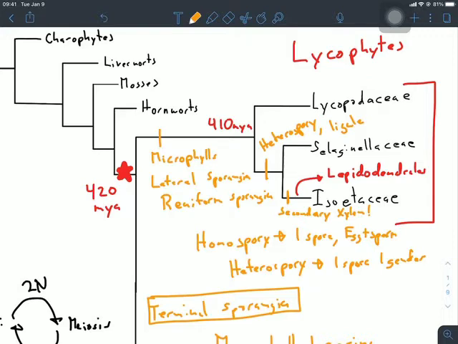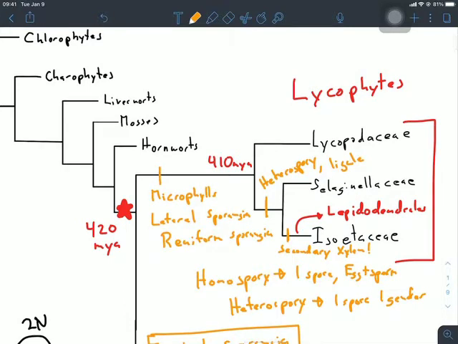We can get plants that evolve woody growth habits, or secondary xylem, in different ways. Now, I'll show you pictures of Isoetaceae plants or Isoetes today, and you won't believe me that they are woody. Today, they are much subdued in their overall size. These plants are not very common. You might not have even heard of lycophytes prior to this lecture.